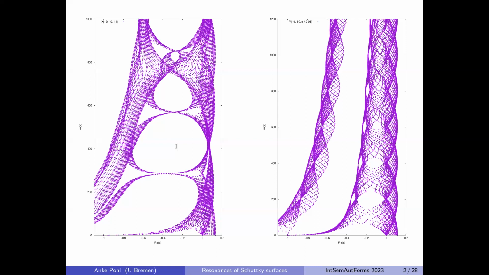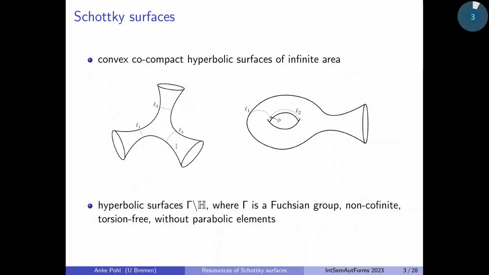So in the title, it said resonances of Schottky surfaces, and later on, I will try to convince you that these are pictures of resonances. But first, let me explain what Schottky surfaces are. So a Schottky surface is a hyperbolic surface of, I would say, the easiest kind you can have, but it's complicated enough for our purposes.